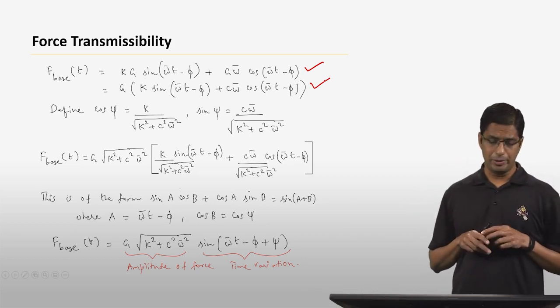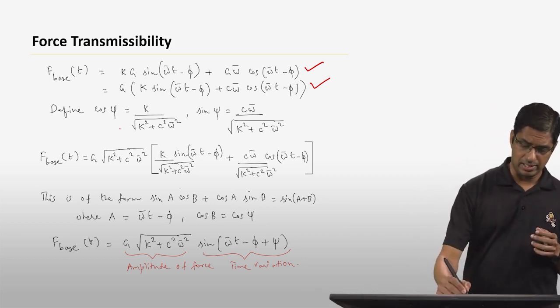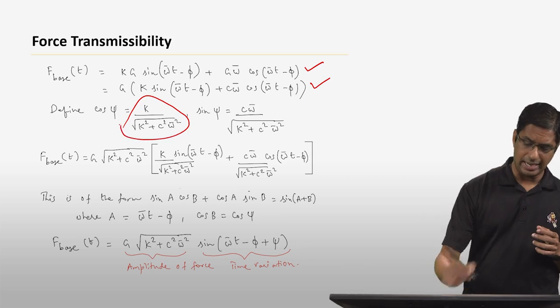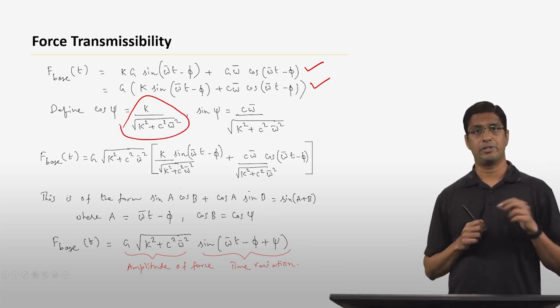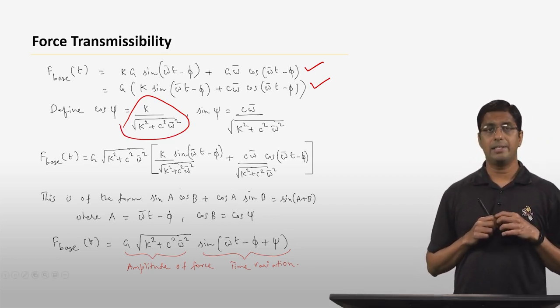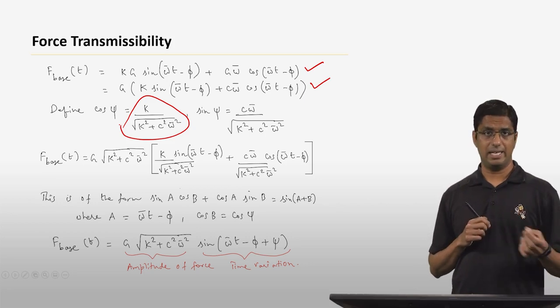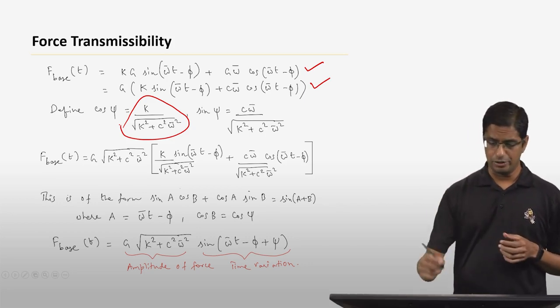So I'm going to define a term cos psi as k divided by square root of k square plus c square omega square. And if cos psi is that, then sin psi is going to be this.